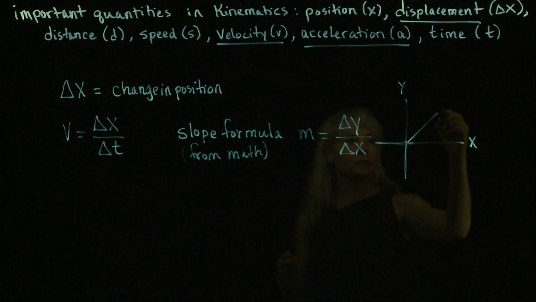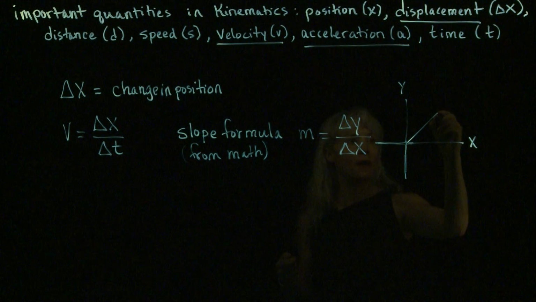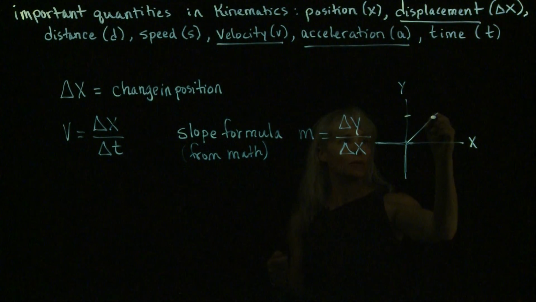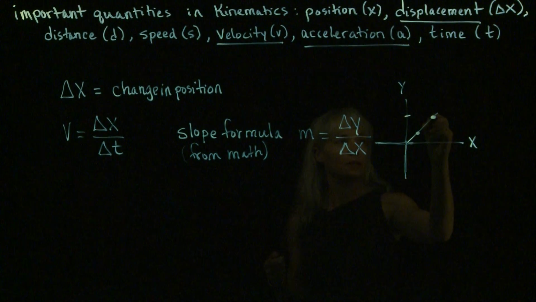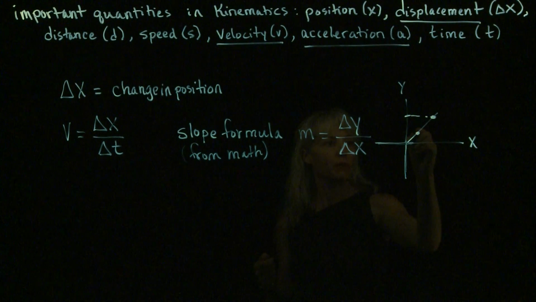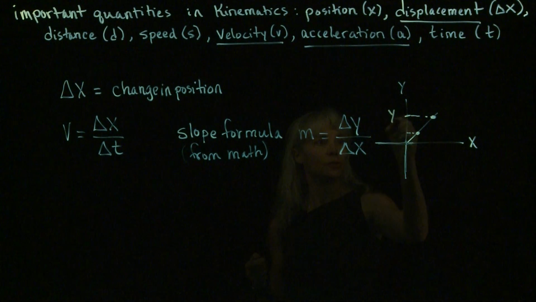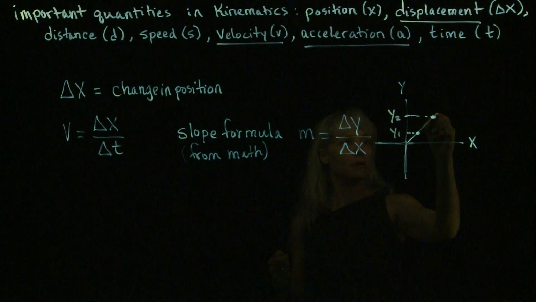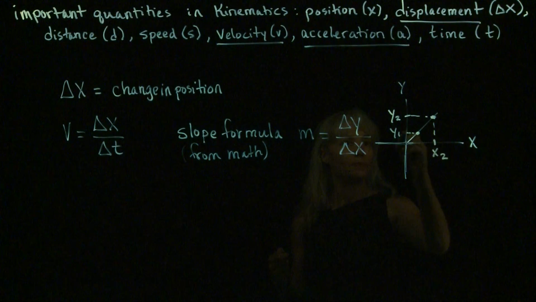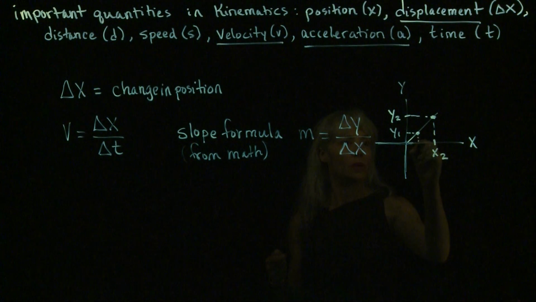Then the slope of this line, m, can be found by just taking 2 points. So we could take this point and this point. This point right here has a y coordinate. This point right here also has a y coordinate, so we'll call that one y2 and this one y1. This point, while the object is at y2, is also at x2. And y1 will correspond to some x1.